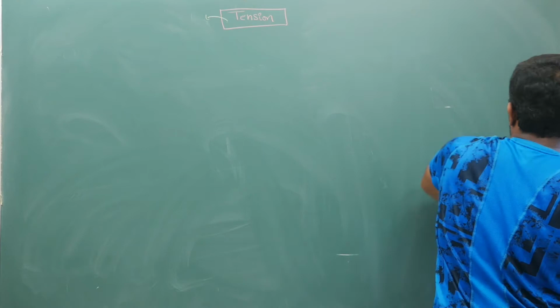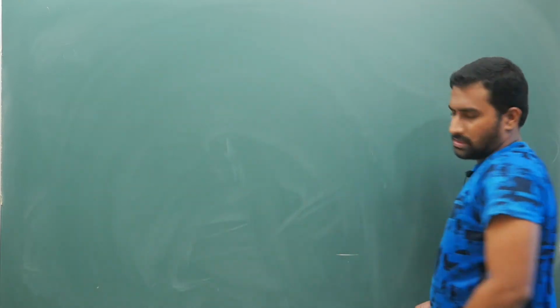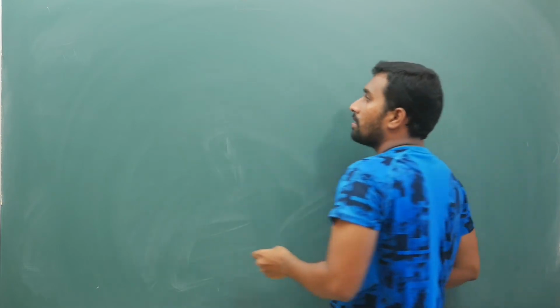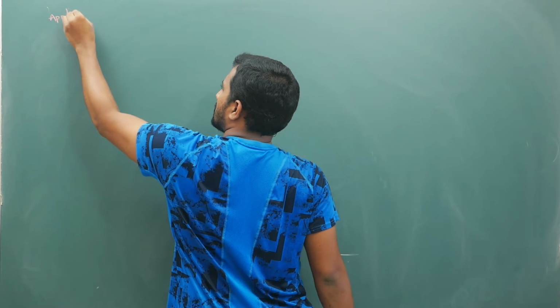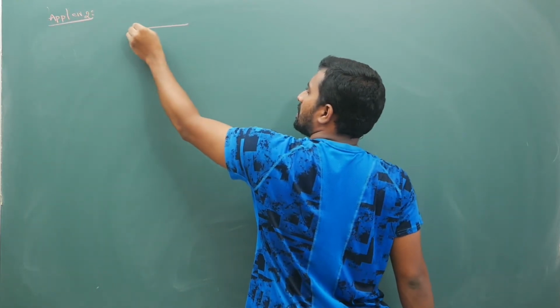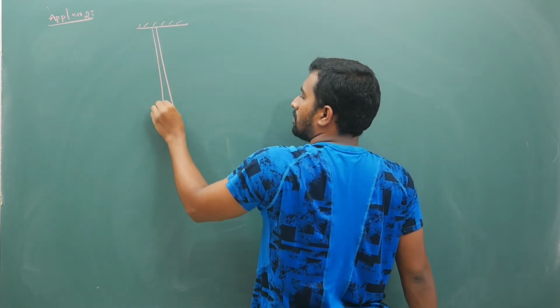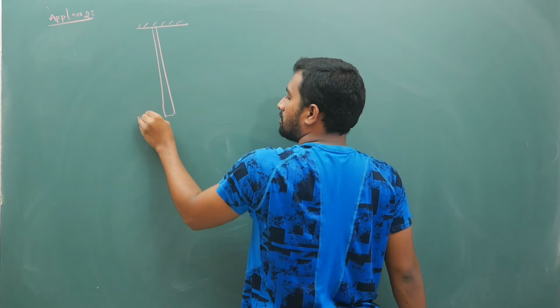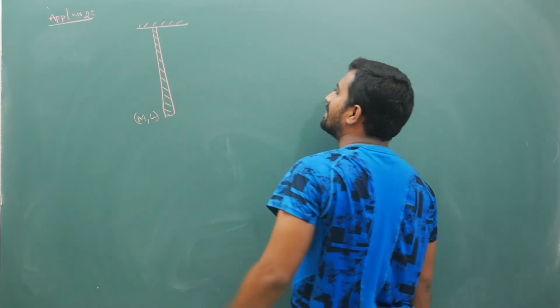Next, the second application. Let us say you have a rope of mass M and length L. It is hanging like this.